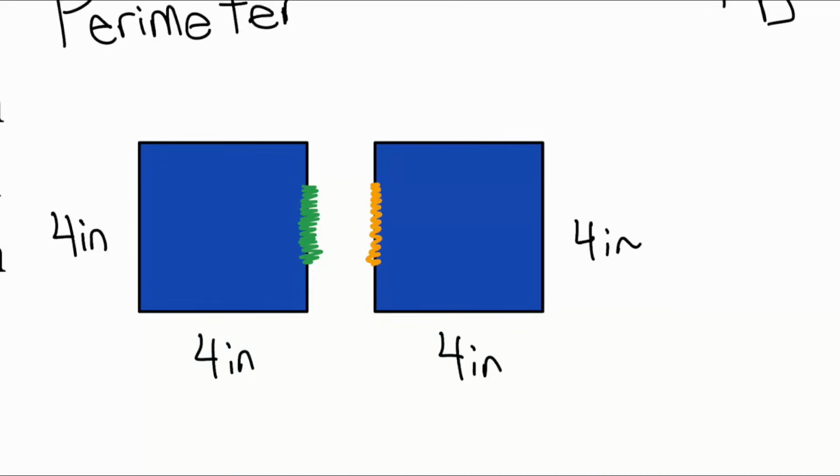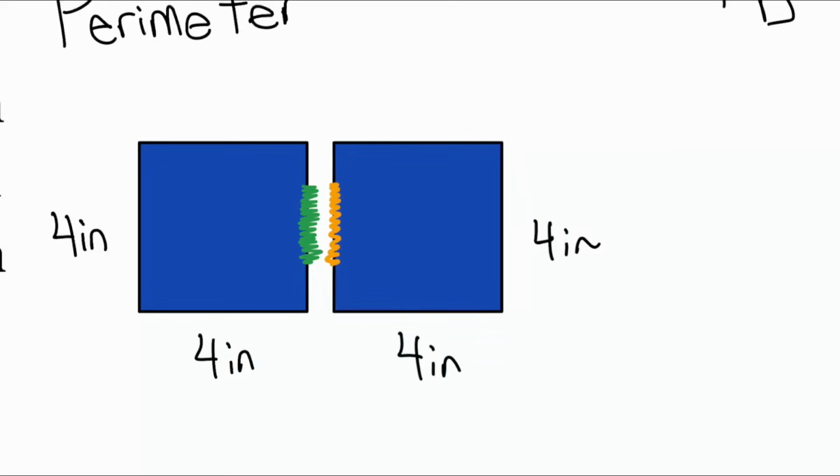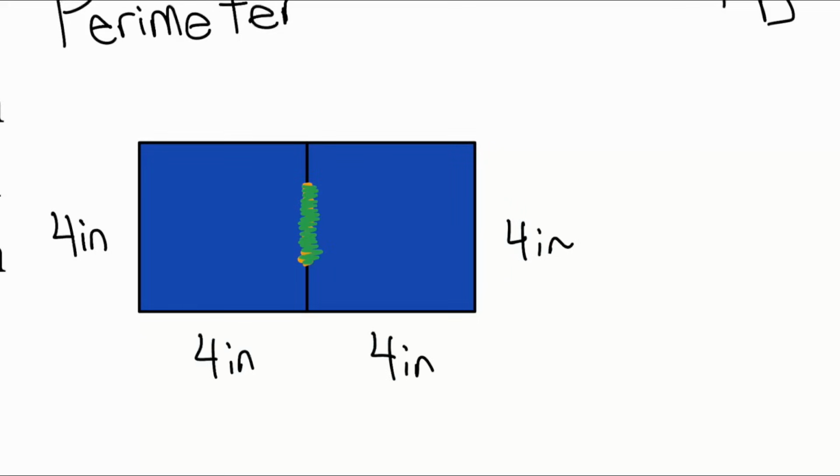When we bring these shapes together, are we counting this anymore when it comes to the outside of the rectangle? No, we are not. We are no longer counting this. We only care about this side, that side, that side, that side, that side, and this side.